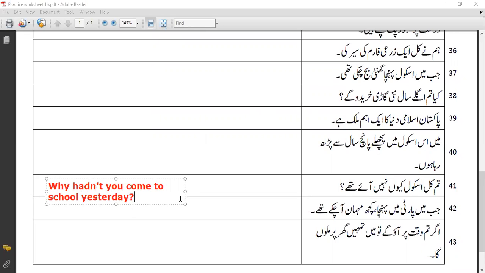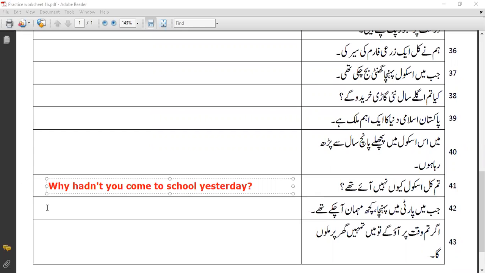This is the one difference here which you need to keep in mind, because a common mistake in these kind of sentences is that students consider it as a simple past sentence and they write, why didn't you come to school? This is basically a past perfect sentence, and then you need to write an interrogative form for it. So you will write, why hadn't you come to school yesterday? All right. I hope this confusion is clear now.